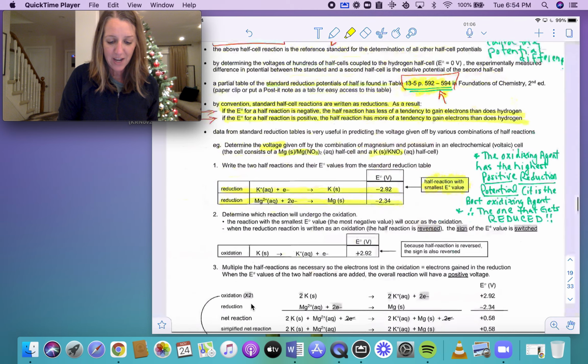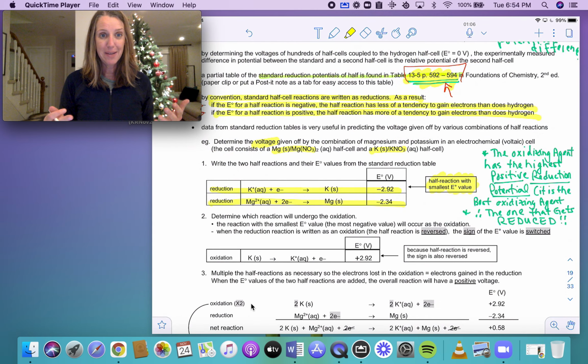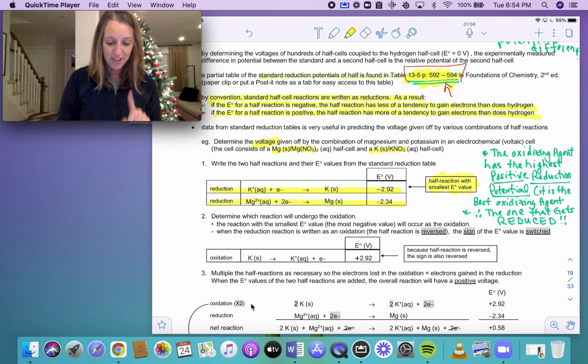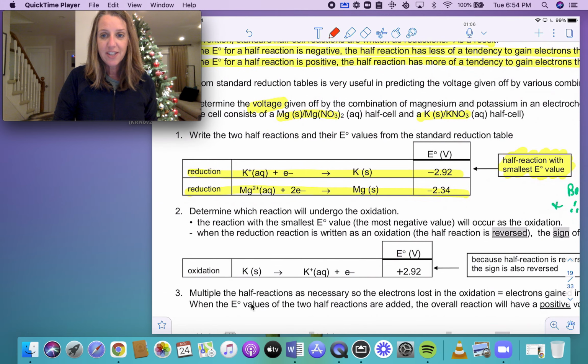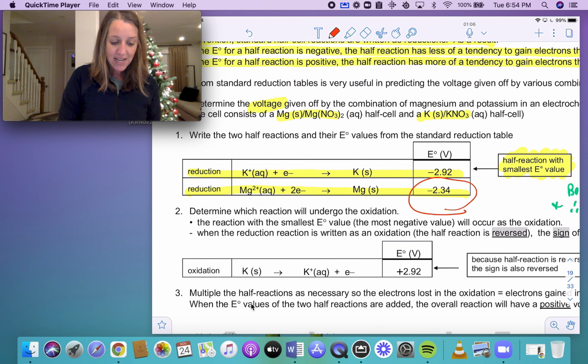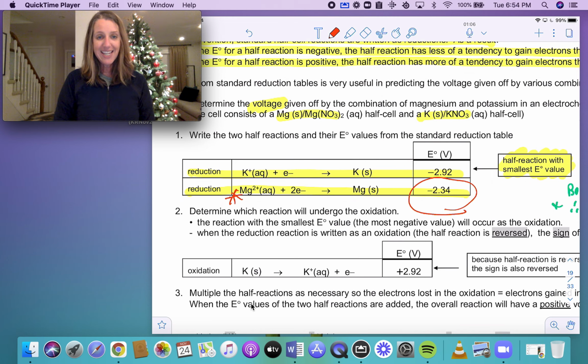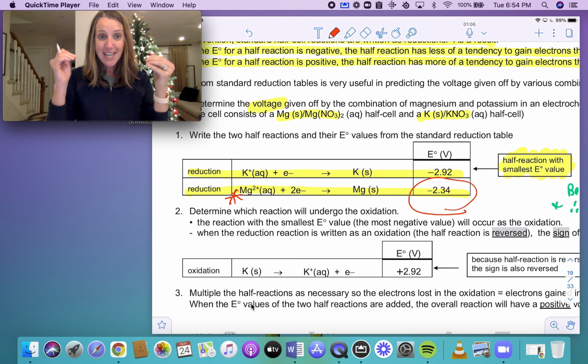Okay, so again, step number 1, I open up the table in the textbook. Step number 2, I find my ions that I want to compare. This question says compare magnesium and potassium. Jot them down. Then I look at these two and compare these values. Which one's the most positive value? This one. That means that magnesium has the greatest potential to be reduced, so it does get reduced, and the potassium will get oxidized.